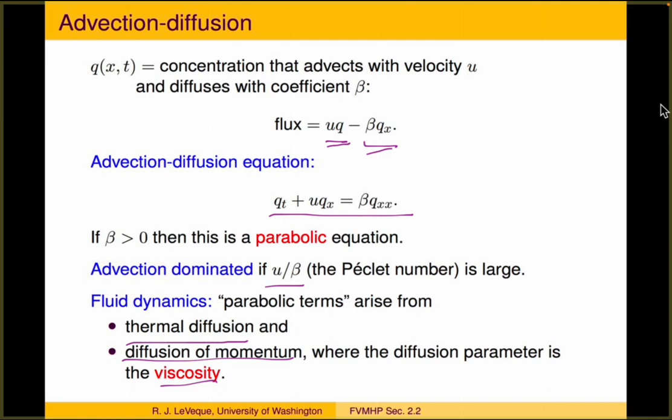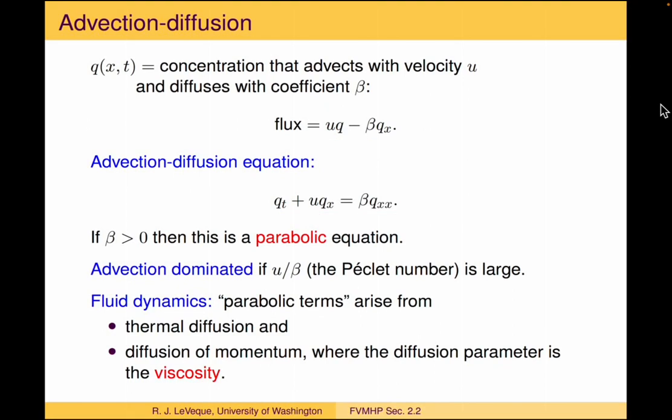But we're often interested in situations where those terms are relatively small compared to the hyperbolic terms, and so you can ignore the second-order derivative terms and reduce things to just a first-order system of conservation laws, which can make things simpler. On the other hand, as I mentioned, first-order systems of conservation laws can have discontinuous solutions, shock waves, whereas parabolic equations don't.